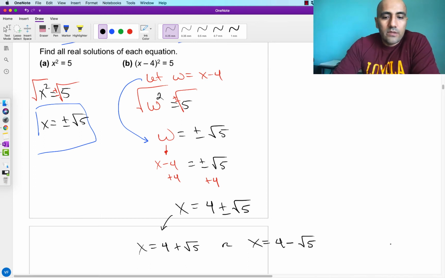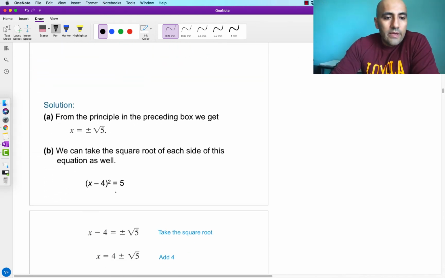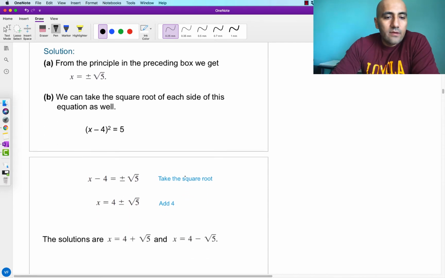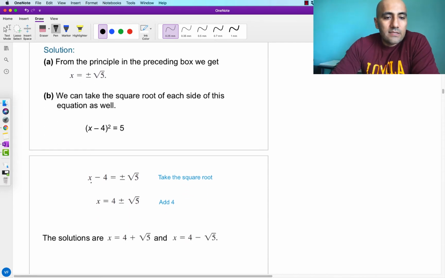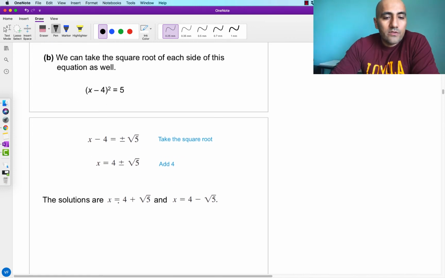Okay, so let's see what the author did. So A was plus or minus root 5, and then B tells us that it's x minus 4 equals plus or minus root 5, and there you go. So one solution is this one, another solution is that one. Here's one solution for x, 4 plus root 5, and then another solution is x equals 4 minus root 5.